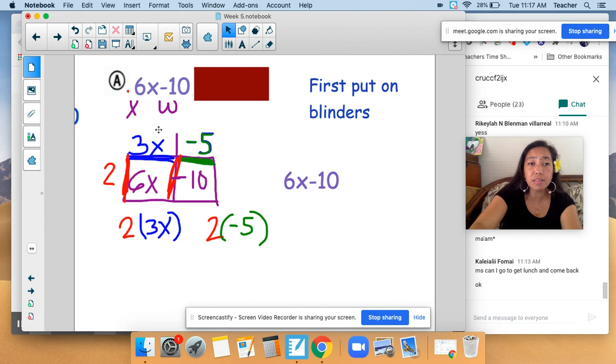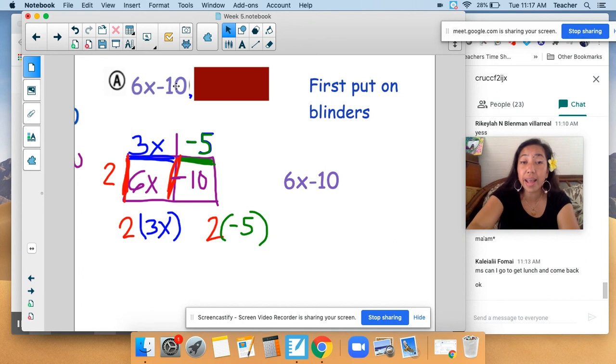All of that is replaced by 6x minus 10. So it's gone, because 6x minus 10 is the area way to write it. It's distributed already, right? So this was written in factored form, and this is in multiplied form, where it's already an area and there's no parentheses.